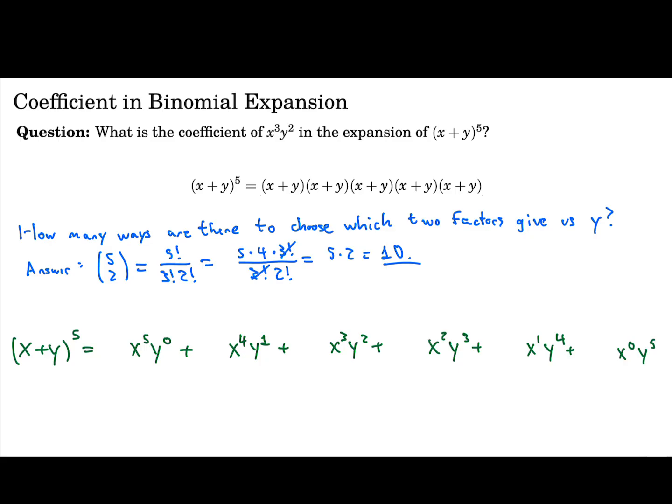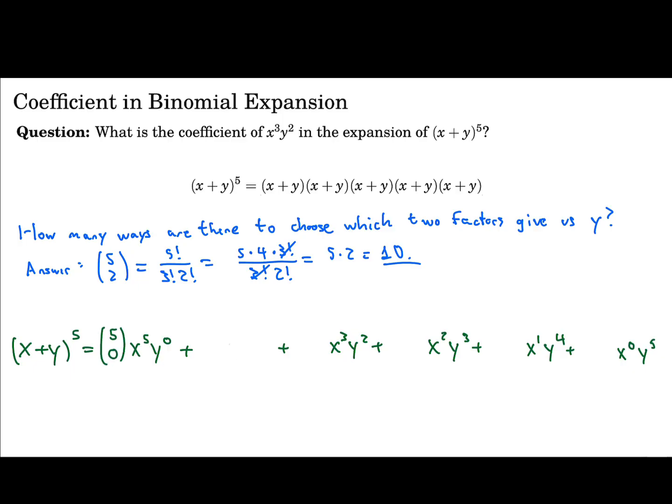So what are these coefficients going to be? Well, we just use the same idea here. So here, from 5 of these terms, we want to know in how many ways we can choose 0 of them to get y. Well, that's just going to be 5 choose 0.